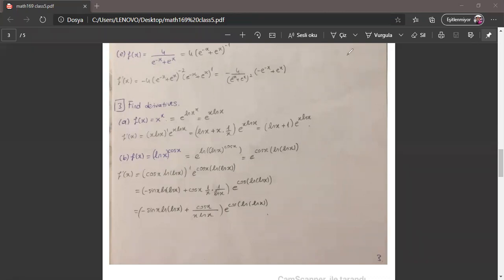We use that property. So we have e to the ln x to the x, and by another property of the logarithmic function, we can write x ln x, okay?